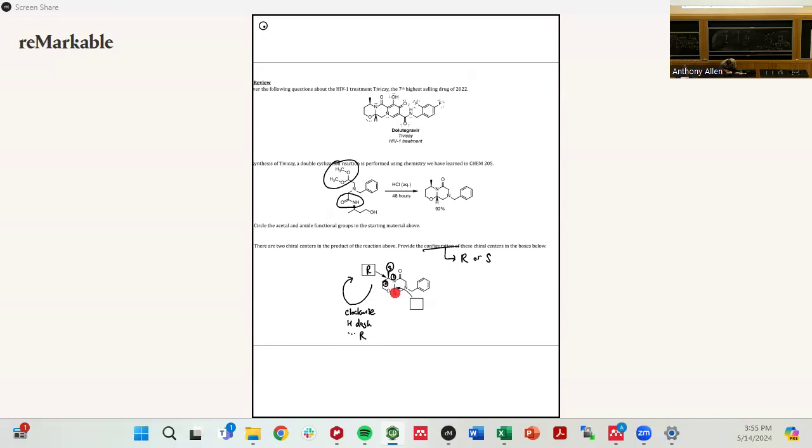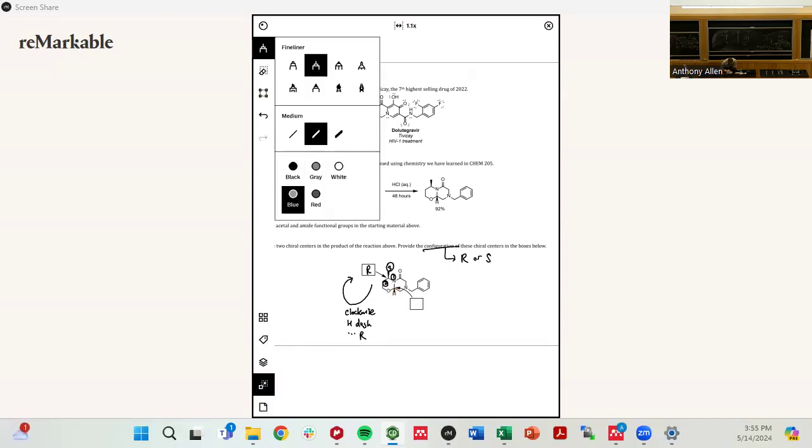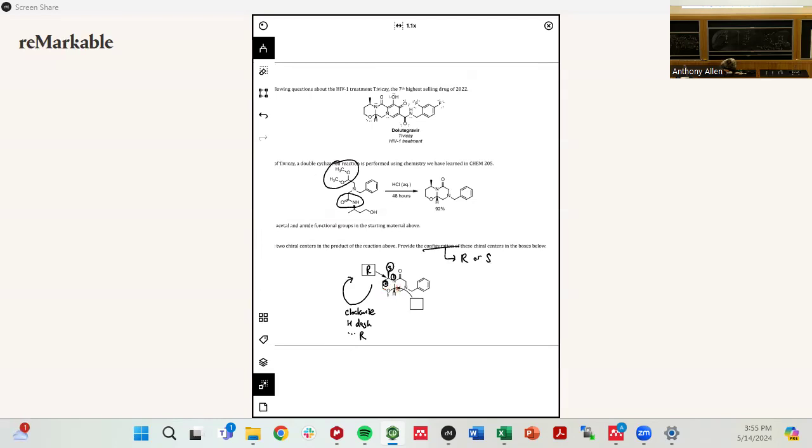Okay, here. This is 1. That's 2. That's 3. Clockwise, H on wedge, so S. So remember, you have to be viewing the chiral centers with the H on a dash. Otherwise, you need to flip whatever you get.